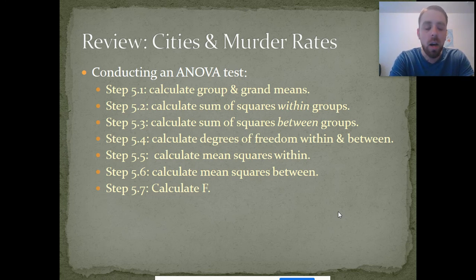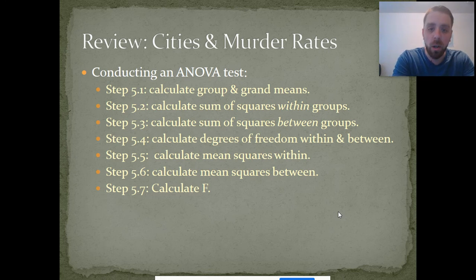All right, so 8 cities per group. That generated for us 3 group level means and 1 grand mean in an overall sample of 24 cities with a K, or a number of groups, equaling 3. Okay, so when it came time to conduct the ANOVA test, we did the following 7 sub-steps to step 5.